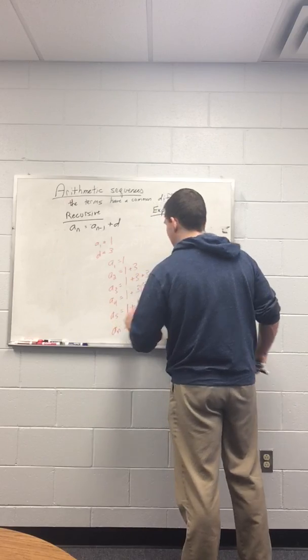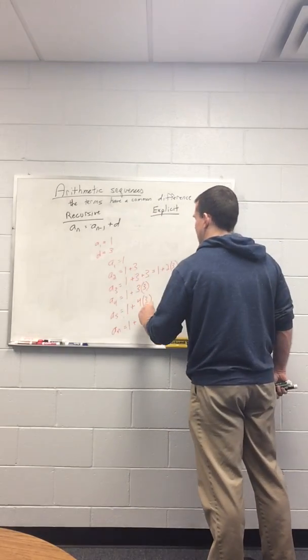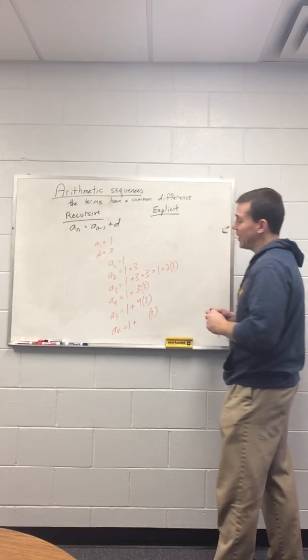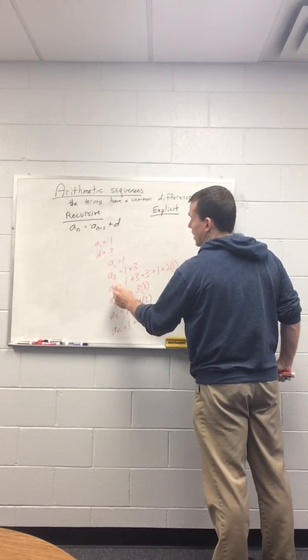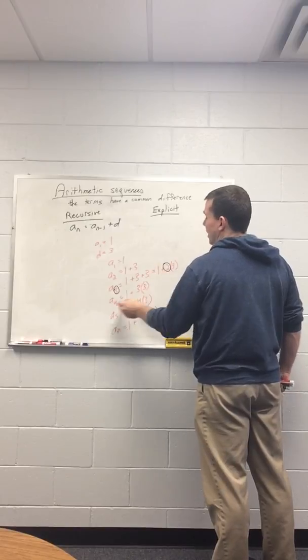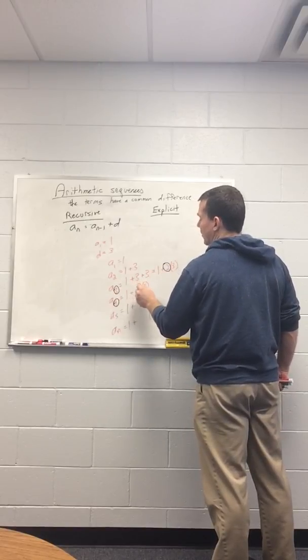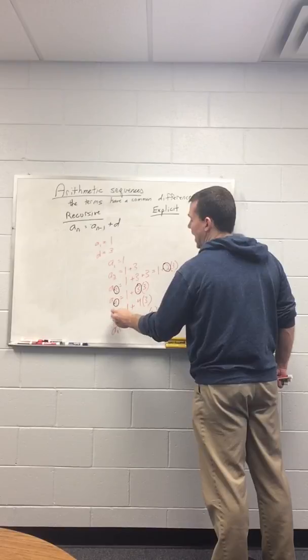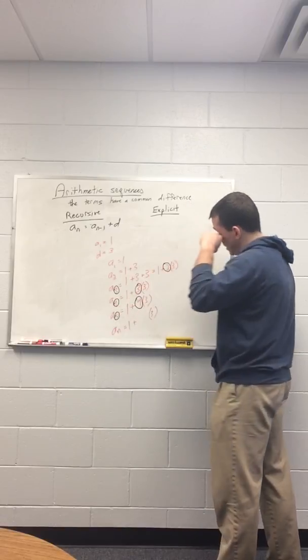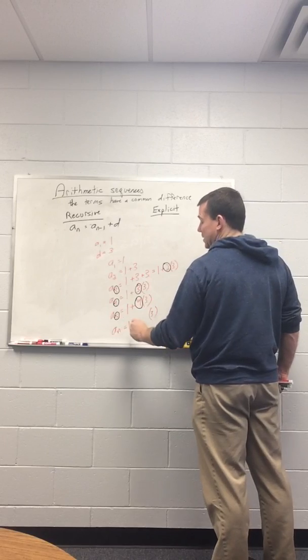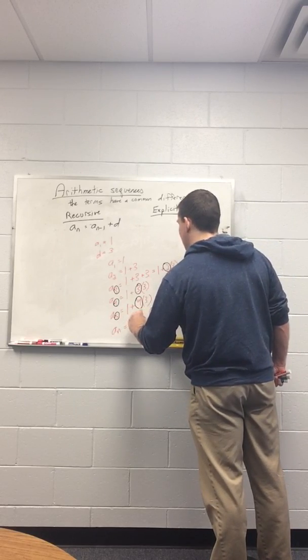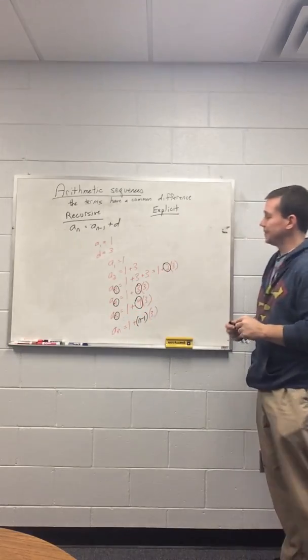It would be the first term plus a whole bunch of 3's, but how many of them? For a sub 3, we had two 3's. For a sub 4, we had three 3's. For a sub 5, we had four 3's. So essentially, we have one less 3 than the subscript. So if this is a sub n, we should have n minus 1 3's.